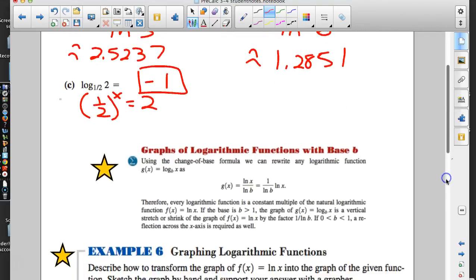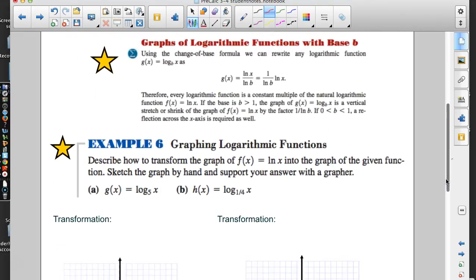So down here we have graphs of logarithmic functions with base b. Using the change of base formula, we can rewrite any logarithmic function as, look at that, like graphing logarithms wasn't already intensive, a lot of steps that we were looking at. So now they're saying if you're forced into using natural logarithm, think change of base formula. Think, how would I write this as a change of base?